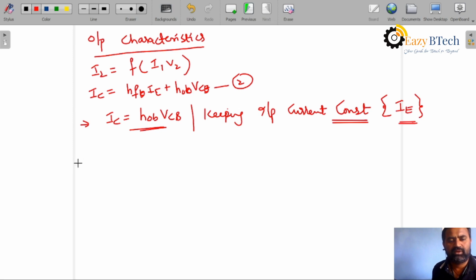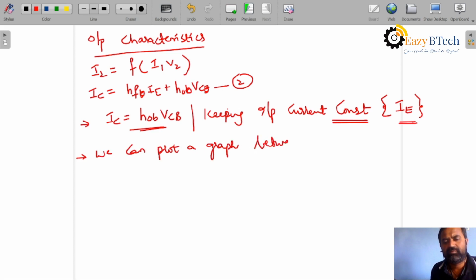Okay. Now we can plot a graph between IC versus VCB, by keeping IE constant.